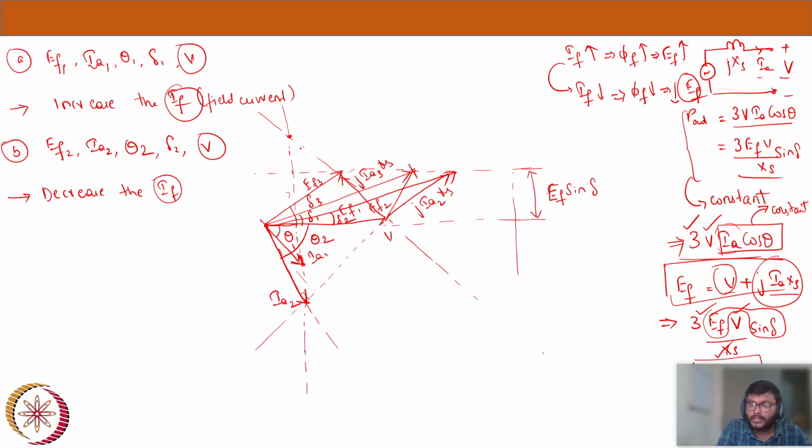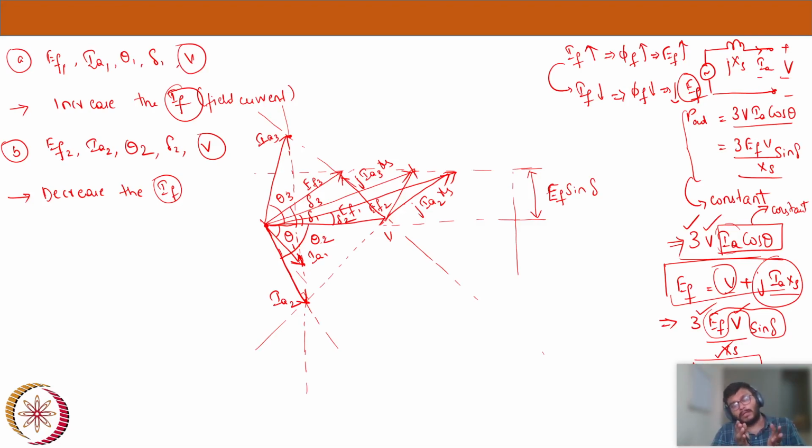This point is the intersection of the perpendicular projection and the locus, because we are already sure that is where the tip of IA would lie. From this position, let's draw the value. Now this is what my IA3 is, and this is my theta 3.